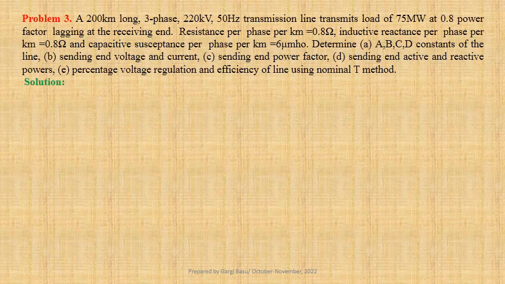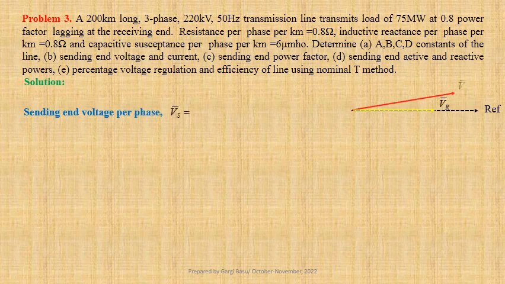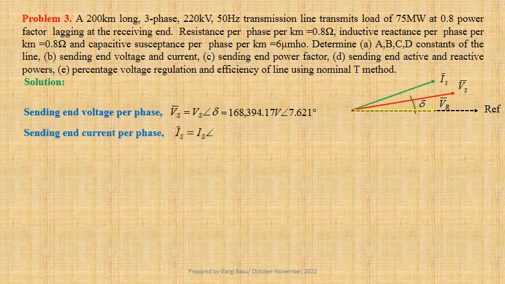We have obtained sending end voltage per phase Vs equals Vs at an angle delta equals 168,394.17 volt at an angle 7.621 degree, and sending end current per phase Is equals Is at an angle phi 1 equals 195.78 ampere at an angle 11.1565 degree.